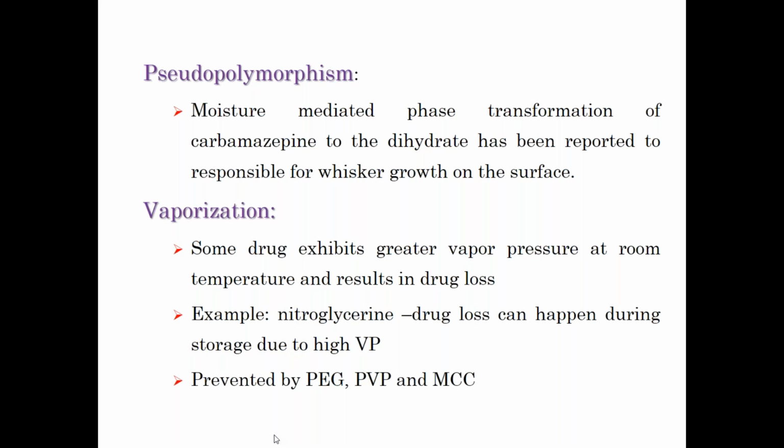Knowing this reality, they try to minimize it by adding components like PEG, PVP and MCC, which can minimize the vapor pressure. Greater the vapor pressure, greater the vaporization. So degradation can also be related to loss of the drug itself.